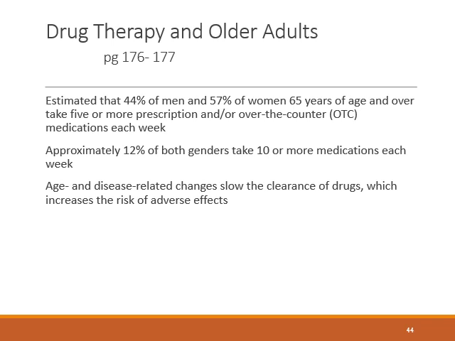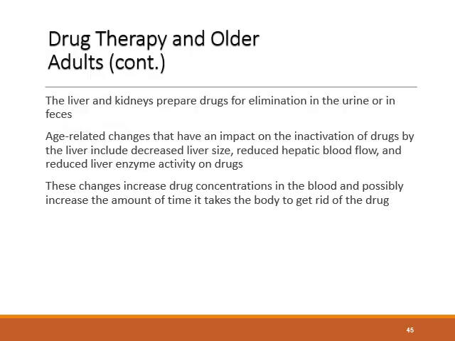Approximately 12% of both genders take 10 or more medications each week. Age and disease-related changes slow the clearance of drugs, which increases the risk of adverse effects. I'm going to talk a little bit more about that on the next slide. So the liver and kidneys prepare drugs for elimination in the urine or in the feces.